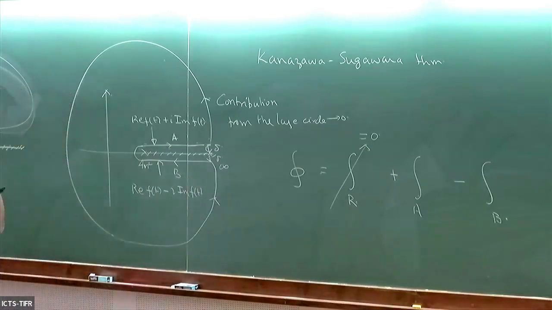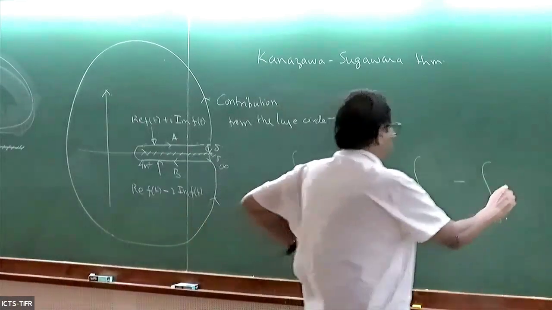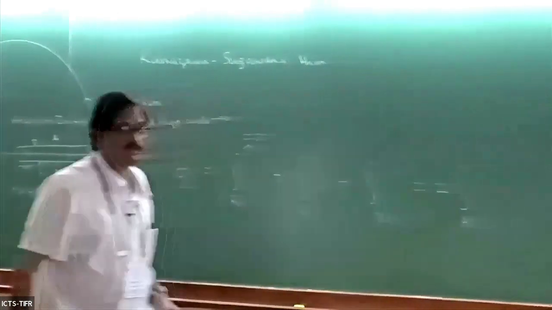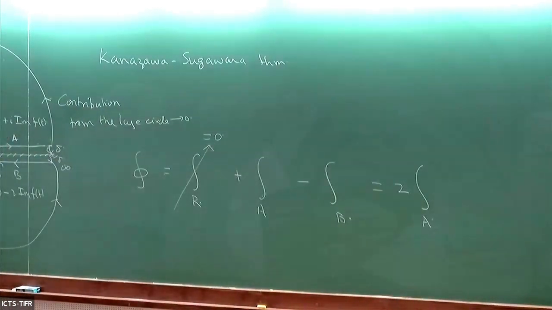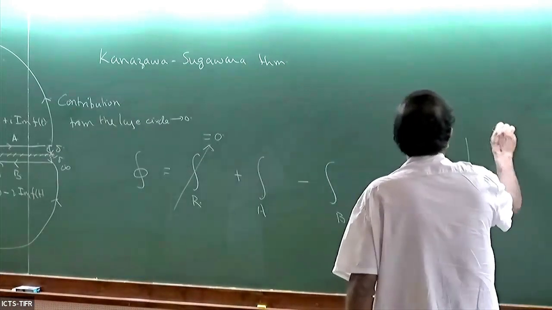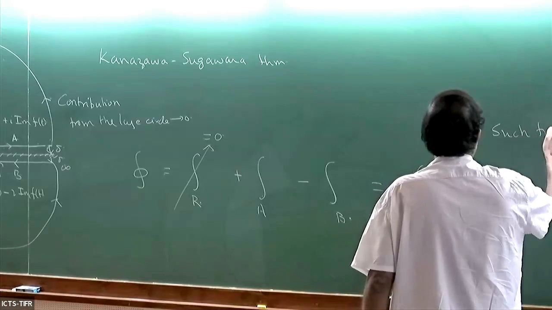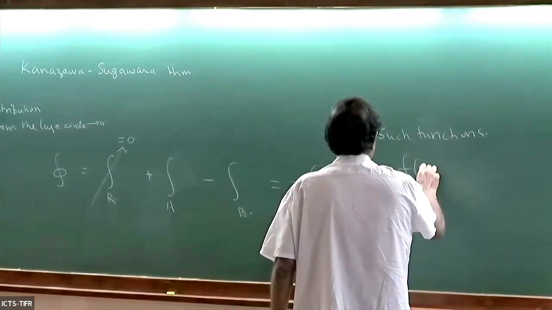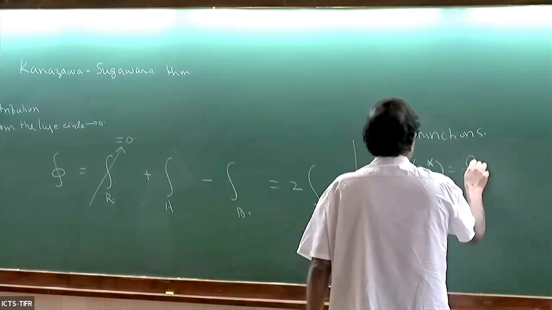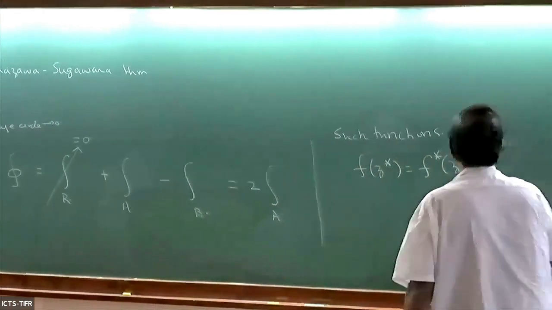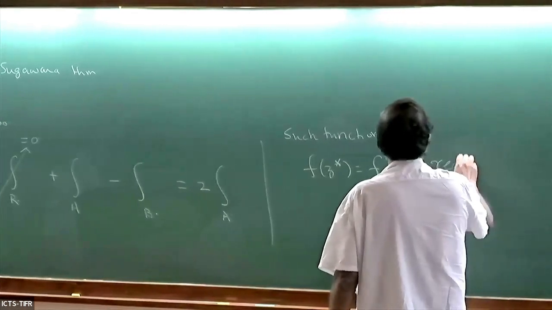Okay, so you will get the answer to be actually twice the integral from A. This is a very beautiful result, and the reason why this is so is that such functions where the value f at z star is equal to f star at z is a class of functions that are known as real analytic functions.